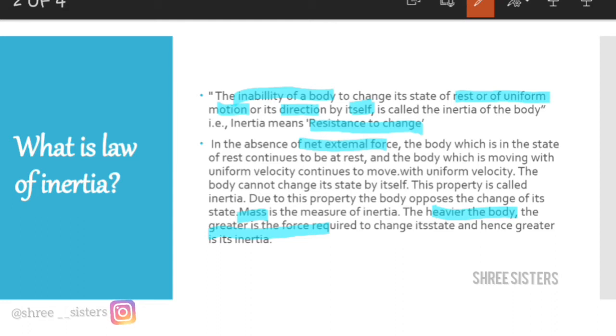Because it's very heavy compared to a small ball. So the heavier the object, the more the inertia will be. The heavier the weight, the heavier the inertia, and it will resist more to change its motion or rest, right? So this is the measure of inertia.